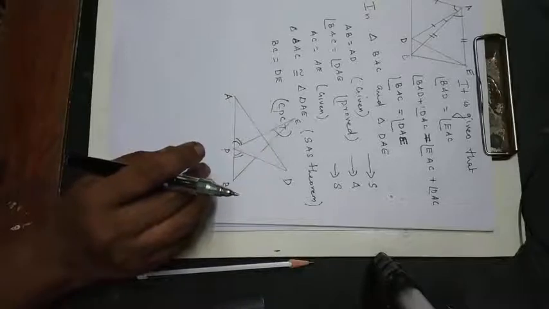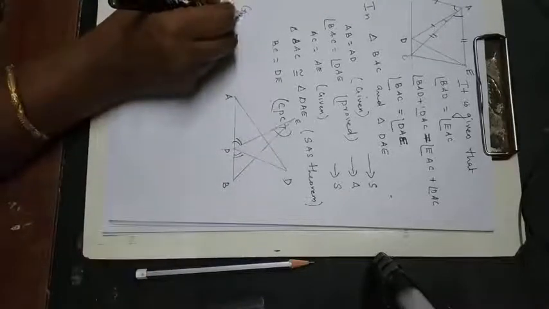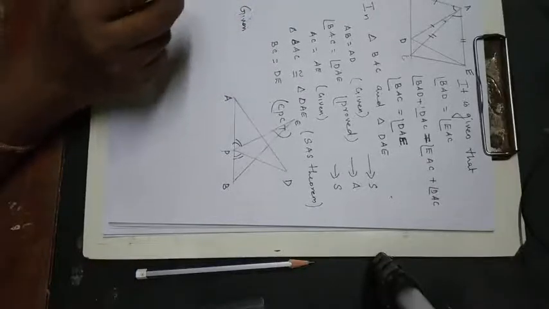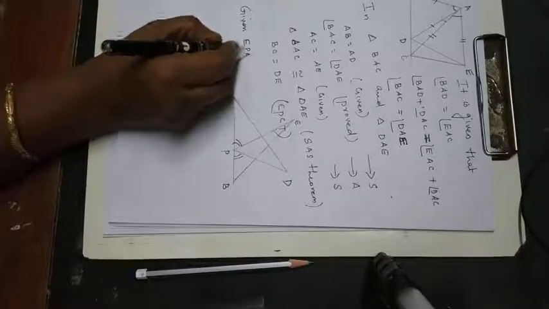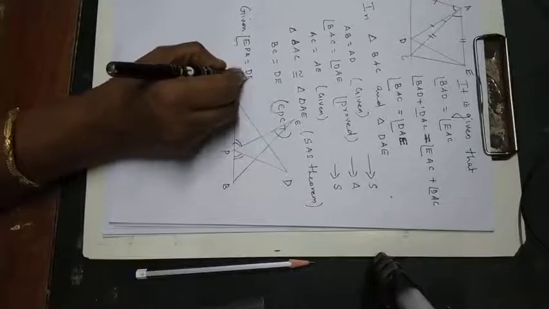So we proceed from the given things. Given angle EPA is equal to DPB.